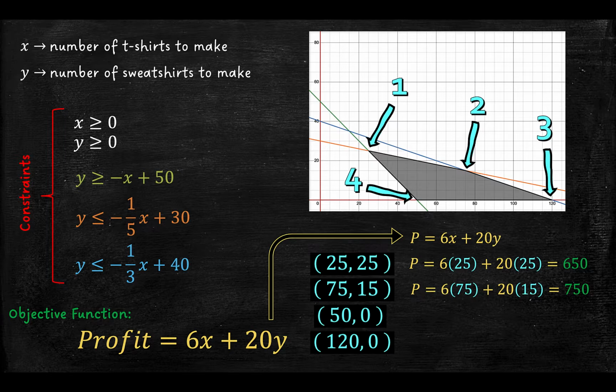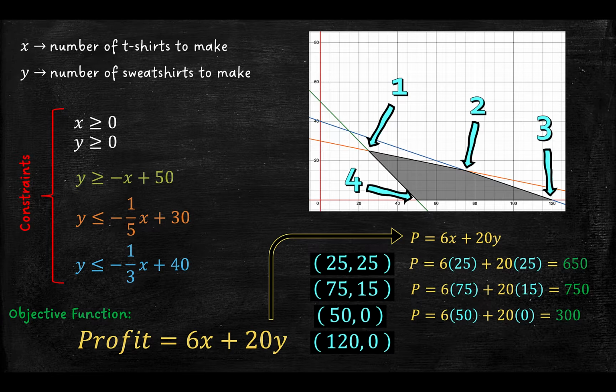I think it's pretty obvious that this next one's not going to work for us because making 50 t-shirts and 0 sweatshirts cannot possibly net us more money than making 120 t-shirts and 0 sweatshirts like the next point. But it actually probably minimizes how much money we can make if we wanted that kind of thing. But the question is, what if I just made t-shirts?